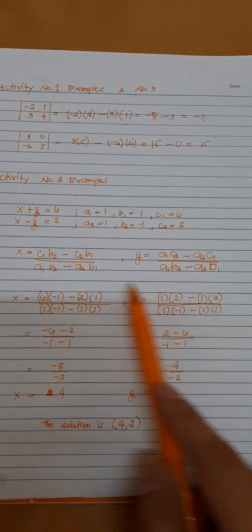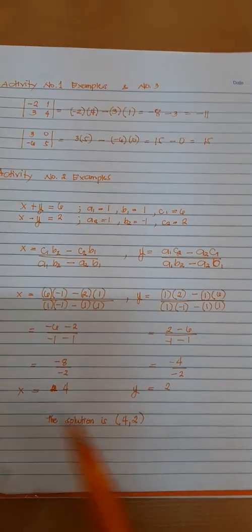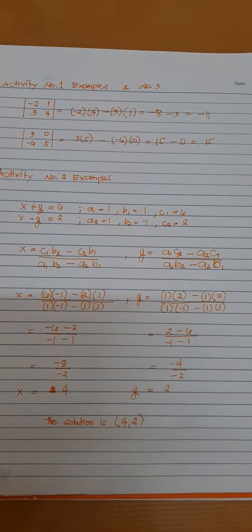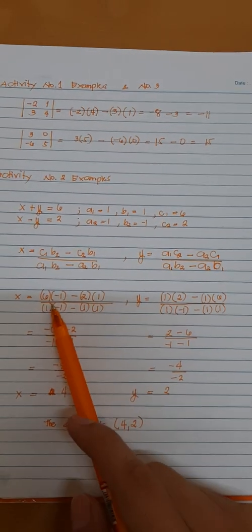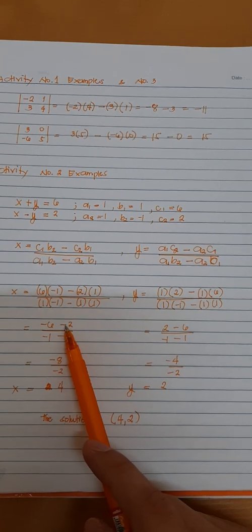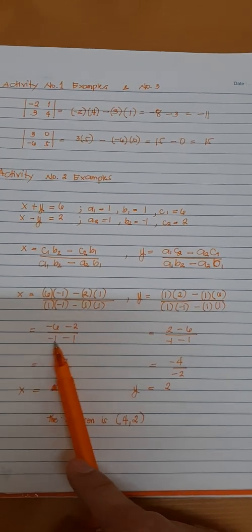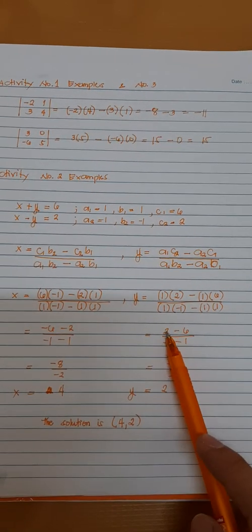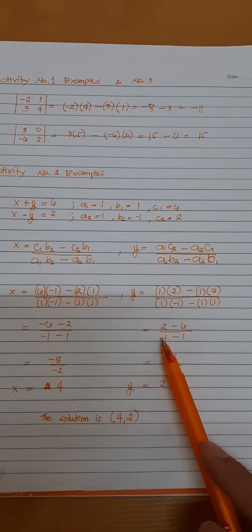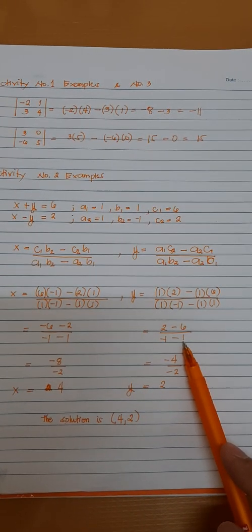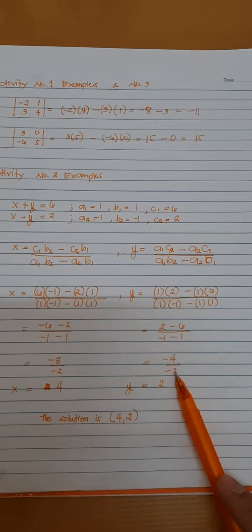So after substituting, we now perform the operations. We have negative 6 minus 2, that is negative 8, negative 1 minus 1, negative 2, 2 minus 6 is negative 4, and negative 1 minus negative 1 minus 1 is negative 2.